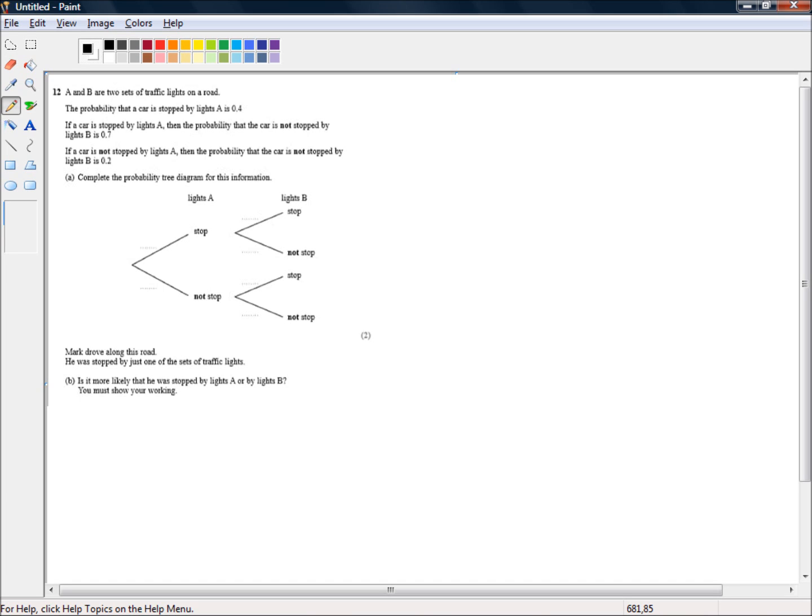Okay, that's a lot of information, and it's easy now to see why we need probability trees. It helps to lay out confusing information so we can get a clear visualization of what we're being told. So we've got lights A, and the probability that the car is stopped by lights A, we're told in the question, is 0.4.